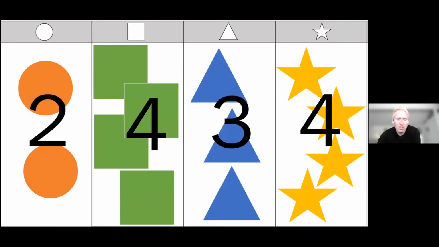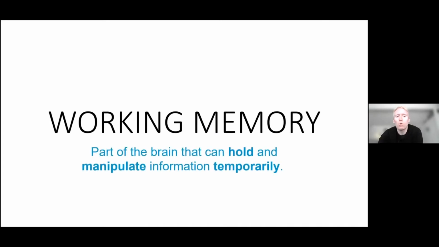So for this small activity, you actually used a part of your brain called working memory. Working memory is a part of your brain that you use to hold on to information and manipulate that information. But it's all just very temporary. You can't hold information in there for a long time.